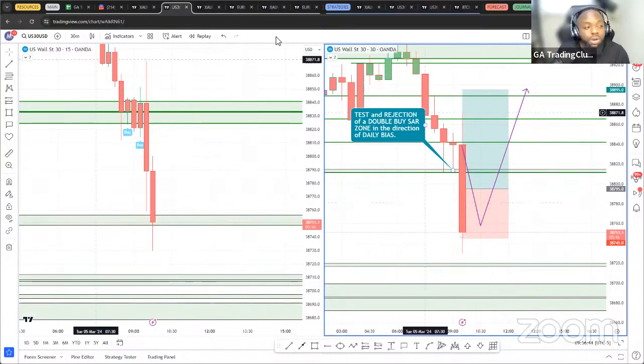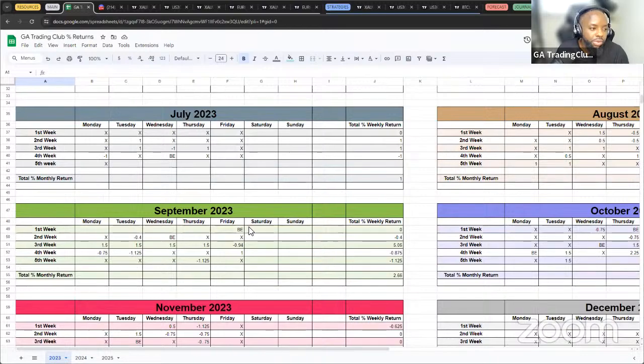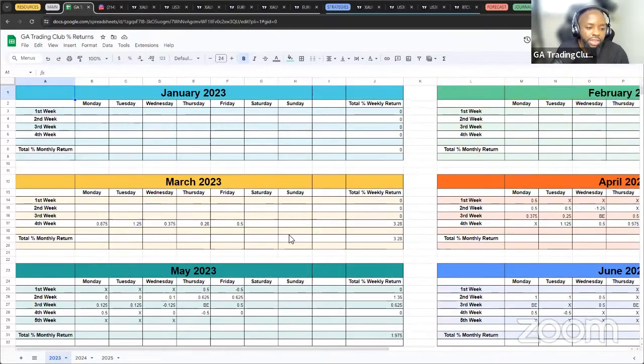If you ask me how much I made in the month of March, I'll say, let's go to March of 2023, and I'll tell you I made 3.28%. If you're presenting this to an investor, they can do the calculations.